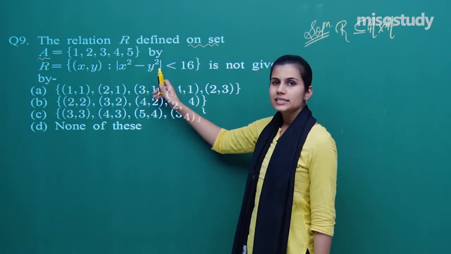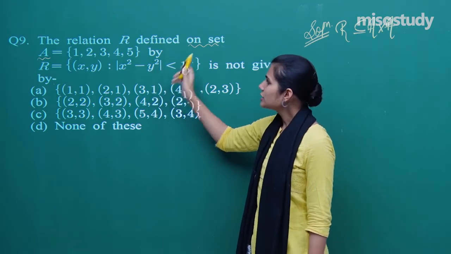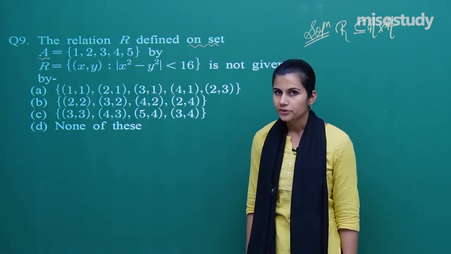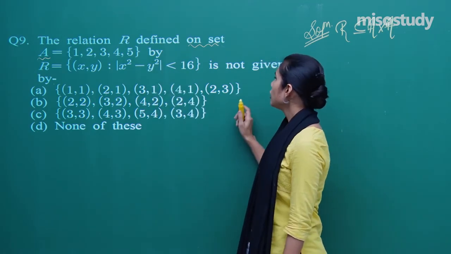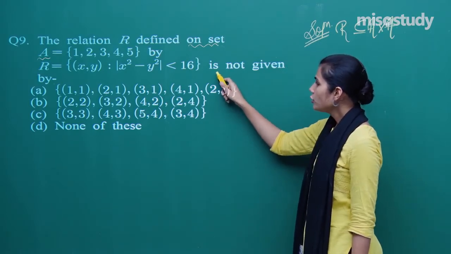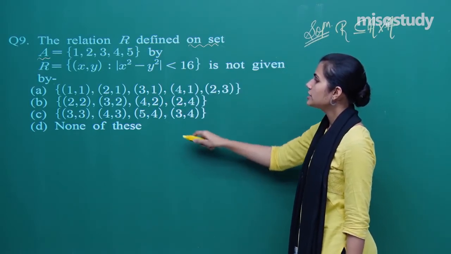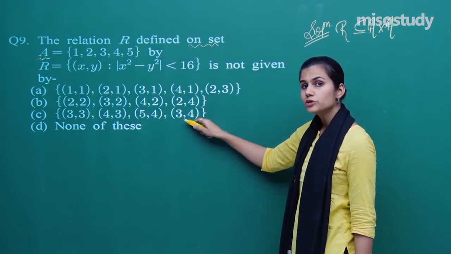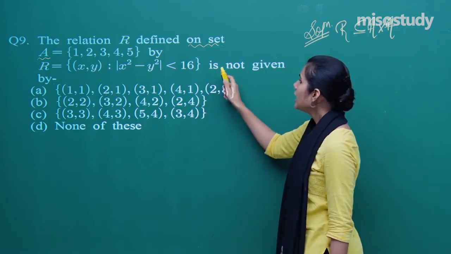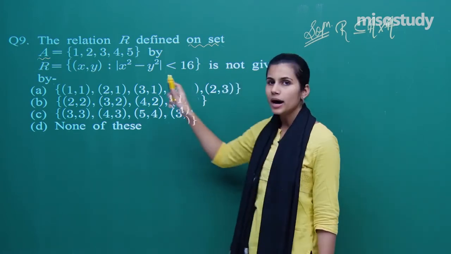Whichever ordered pair satisfies this, it is going to get an entry inside R. I have to verify which of the options are true. True on which basis? It is saying "is not given by".